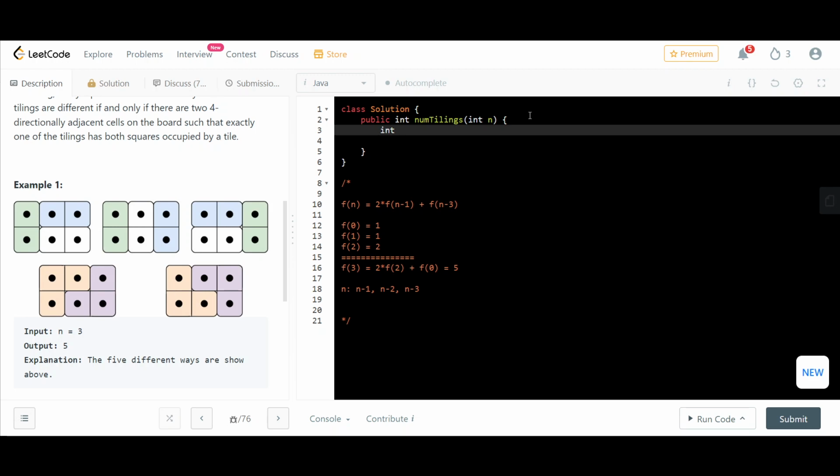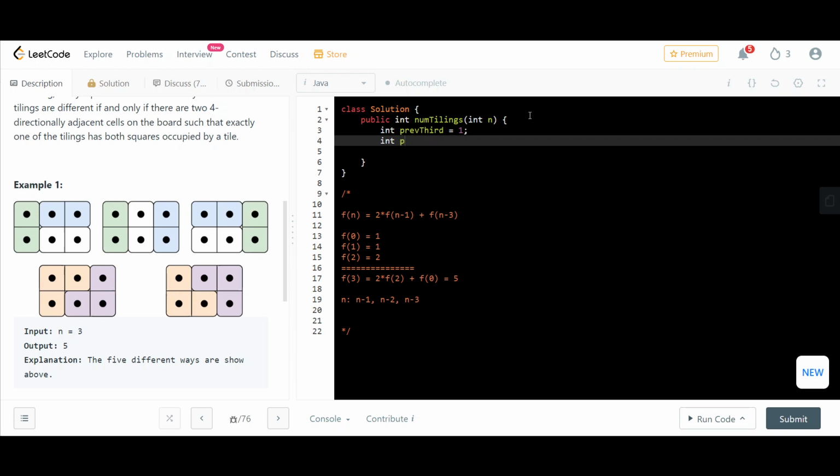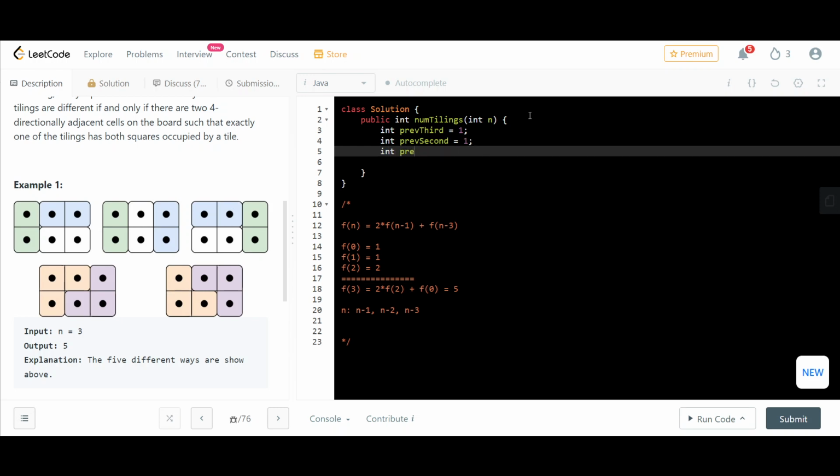Int, let's call it previous third, equals 1, and previous second equals, what was f of 1? f of 1 is 1, and previous is 2, right?